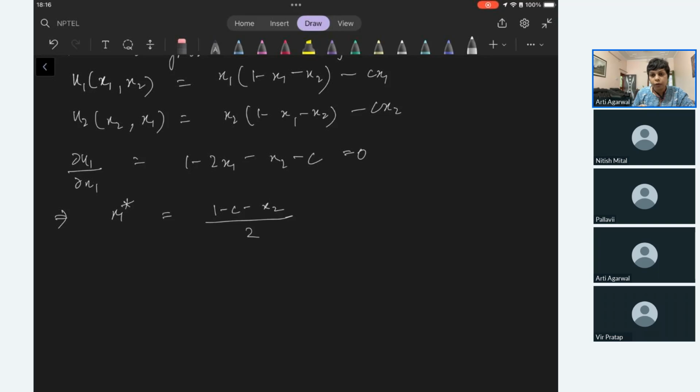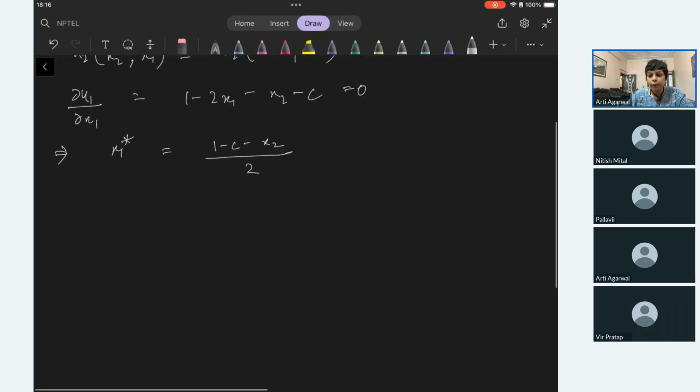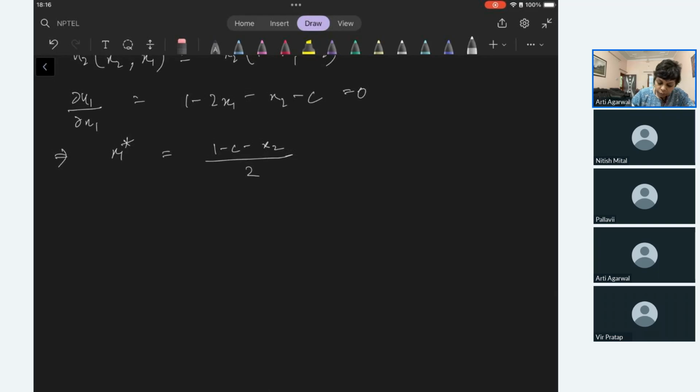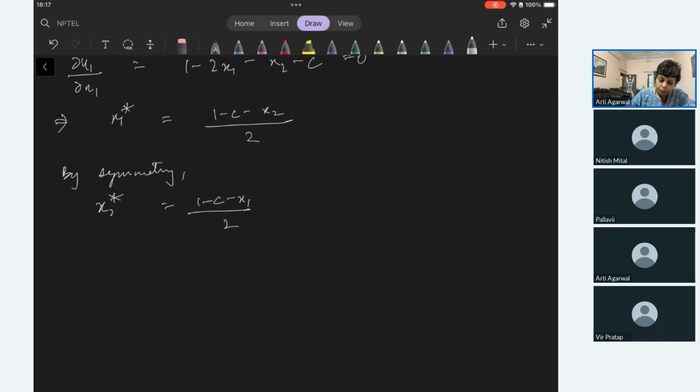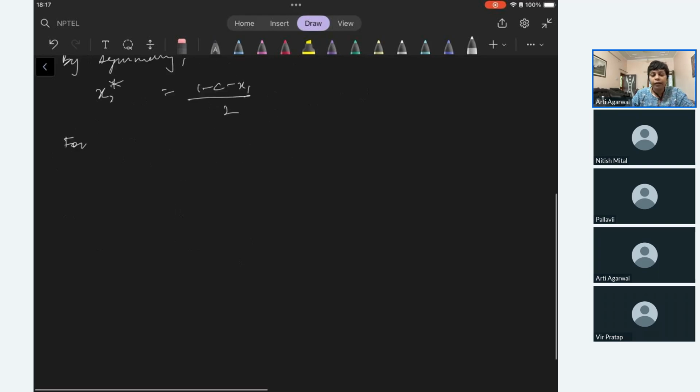If you want, you can do the whole derivative for u2 with respect to x2 also, but just by symmetry, you can also see that we'll get a similar kind of function: x2 star is (1 minus c minus x1)/2. And here x2 and x1 can be anything. Now, for Nash equilibrium, what we know is that at Nash equilibrium, both of the players will be playing their own best responses.